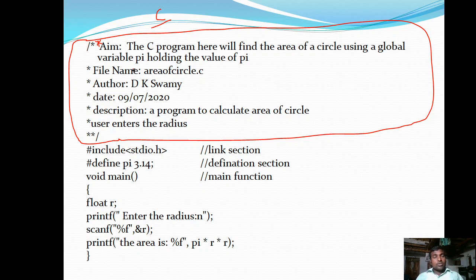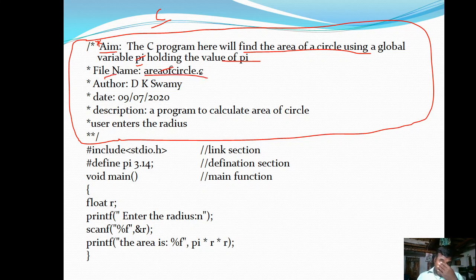So here in the documentation section, I am writing the aim of the particular code. This is the C program. Here we will find the area of a circle by using a global variable pi holding the value of pi. And the file name is area of circle.c.